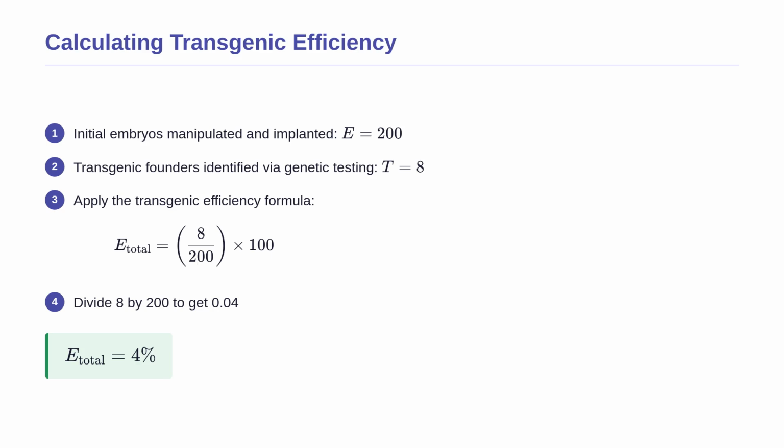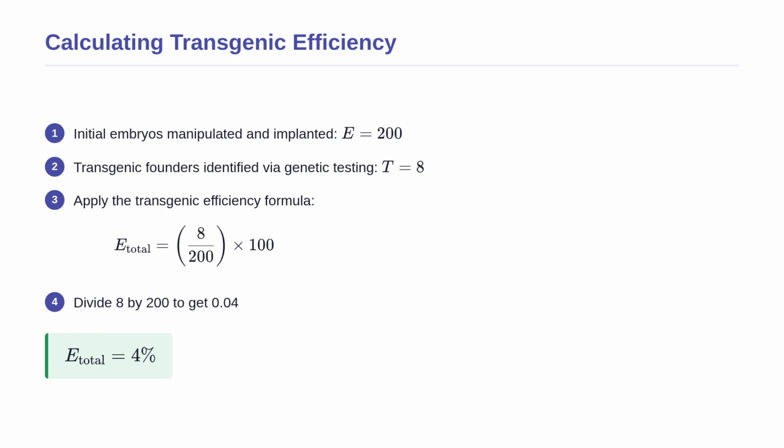Let us complete our evaluation of the experiment. Out of the 40 live offspring born from our 200 initial embryos, genetic testing reveals that only 8 of them actually carry the integrated transgene. These 8 are our transgenic founders. To find the overall transgenic efficiency, we use our formula, substituting 8 for T and 200 for E. Dividing 8 by 200 gives us 0.04.